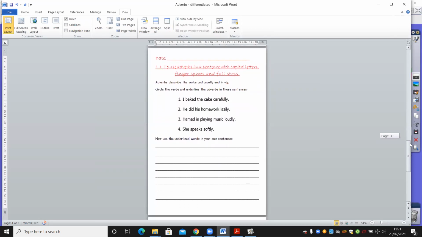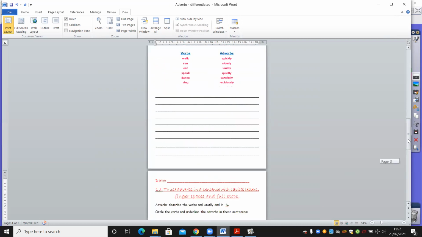The easiest task is the one with the red learning intention, in which you have a reminder that adverbs describe the verbs and usually end in ly, and your task is to circle the verbs and underline the adverbs in these sentences. And then use the underlined words in your own sentences, remembering the capital letters, finger spaces, and full stops.